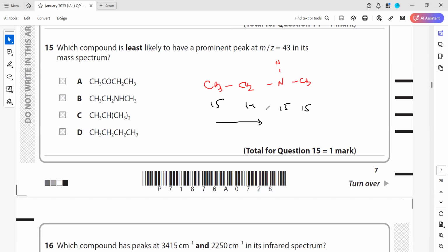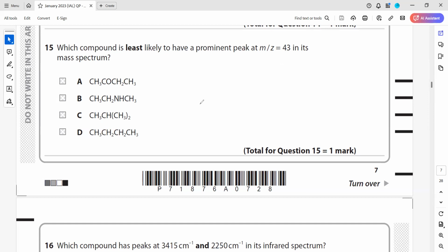So 15 plus 14, 29. 29 plus 15, 44. So 43 is not there. And if we count from here, 15 plus 15, 30. 30 plus 15, 44. So this does not give 43. So this won't give 43, because we check from left and from right and identify.